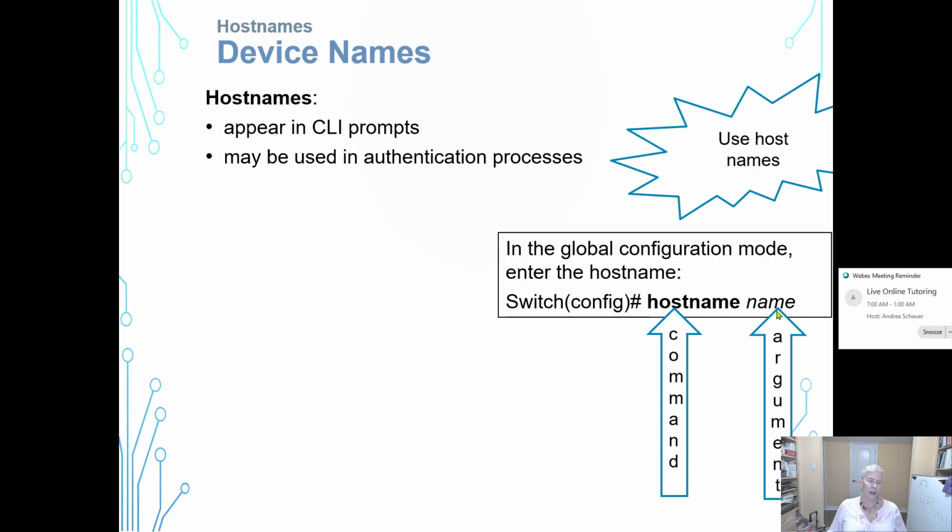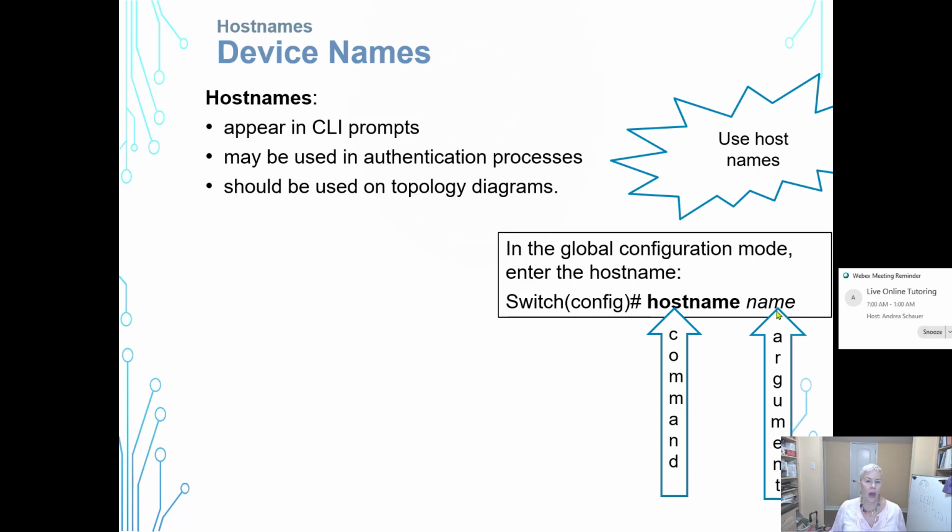They're part of the authentication process. That's why we have to give every device its own unique host name. We won't really be dealing very much with the authentication process until CNT140 when we dig much deeper into security. It's just something to keep in mind that that's why we need to do the host names.